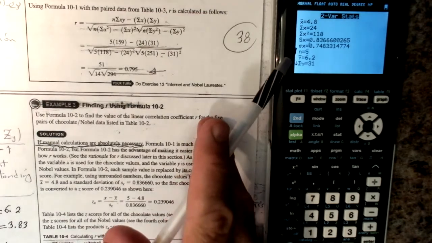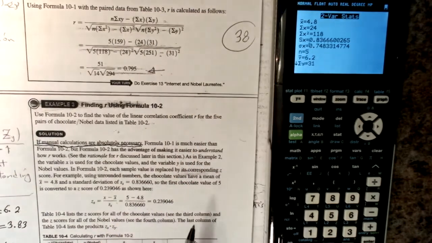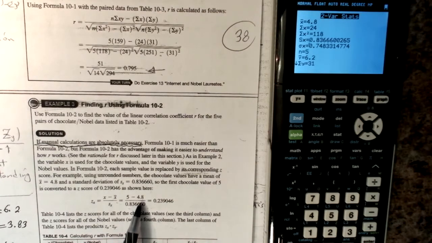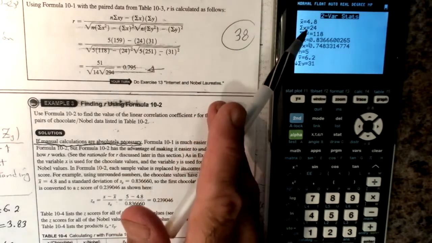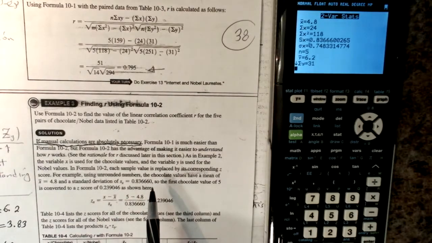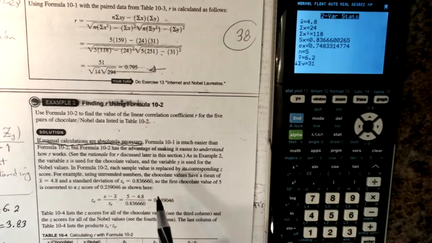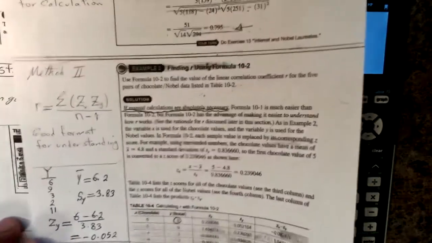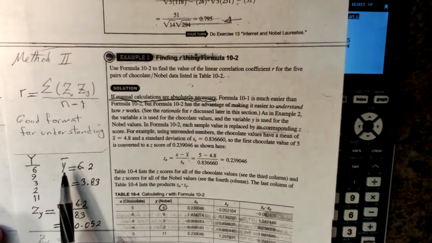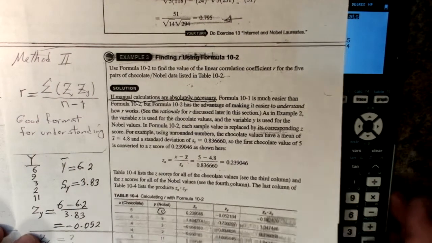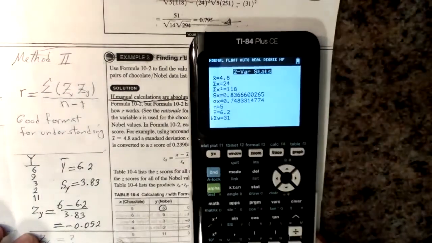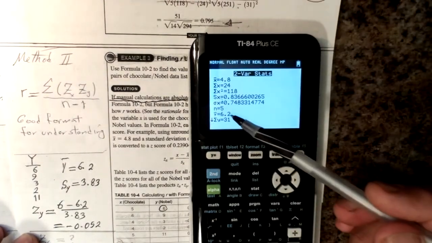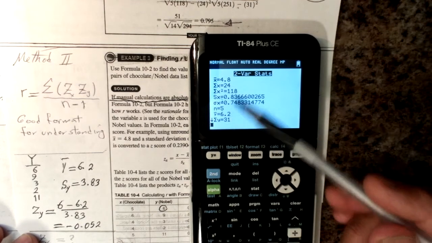Look, I got Sx here, 0.83. Okay? You know how the sample mean is 4.8? Here is 4.8. So the calculator has all this for you. And here, in fact, we also have mean of Y and S of Y, these 2 numbers, right? You have those numbers here too. Okay, you have everything here.